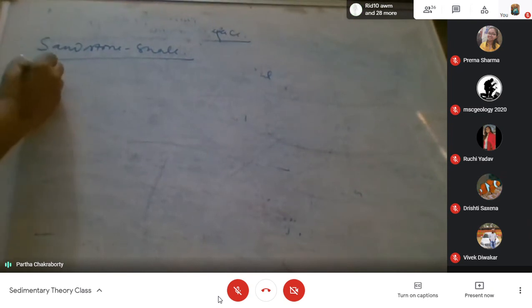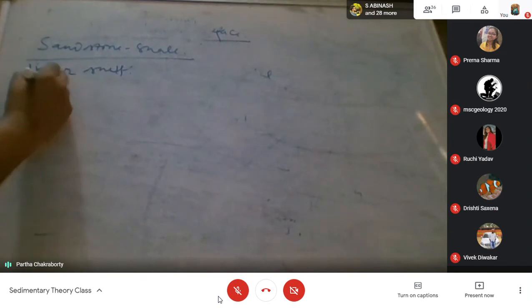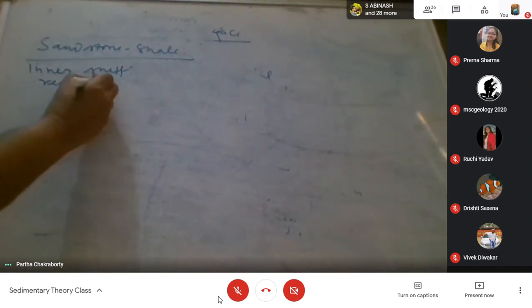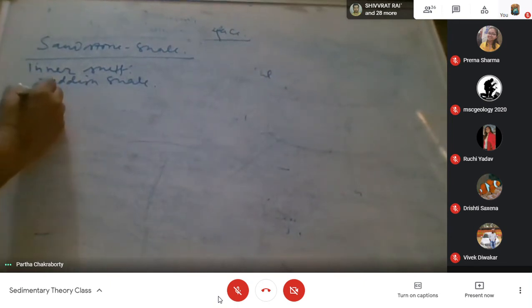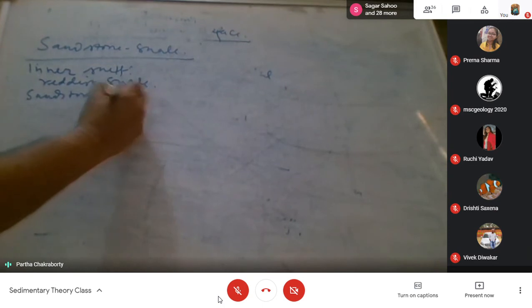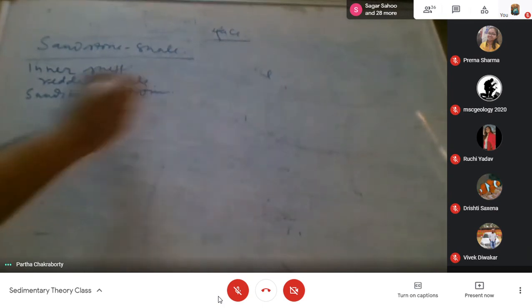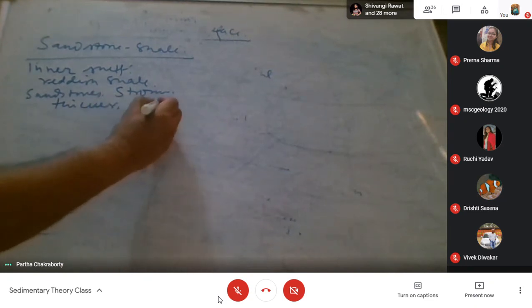In case of inner shelf, normally the shale will be reddish shale. The sandstones, which may be storm generated, may be thicker and more amalgamated.